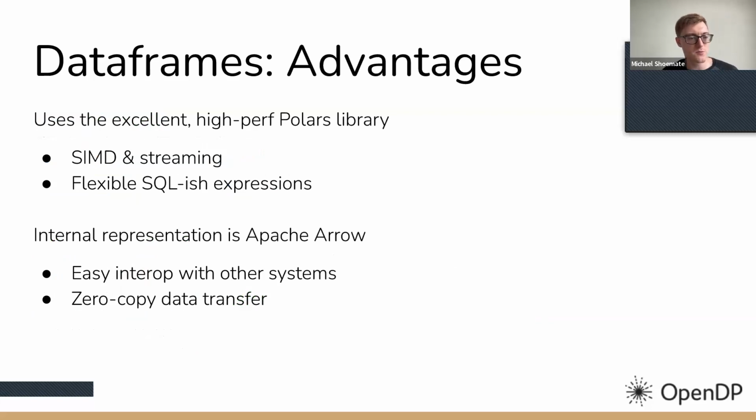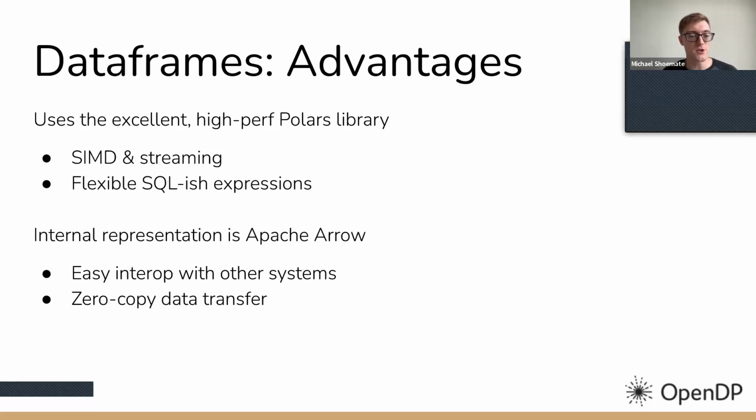So polars supports a lot of things that will allow us to enable computations on larger data sets. So if the data set doesn't fit in memory, you can stream. It supports SIMD operations to speed things up. They have flexible SQL-like expressions that we've to some extent wrapped and to some extent extended to have DP functionality and bounded sensitivity, finite sensitivity.